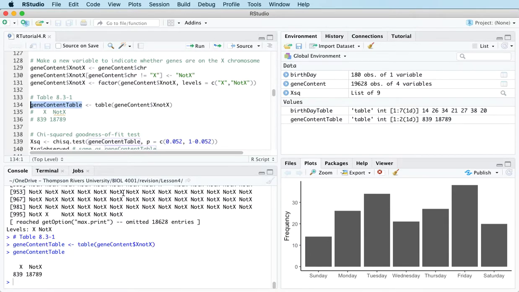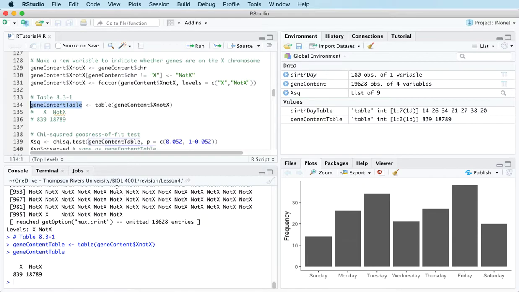So it turns out that in the gene content of the human X chromosome, there are 839 genes that are on the X chromosome and 18,789 genes that are not on the X chromosome.